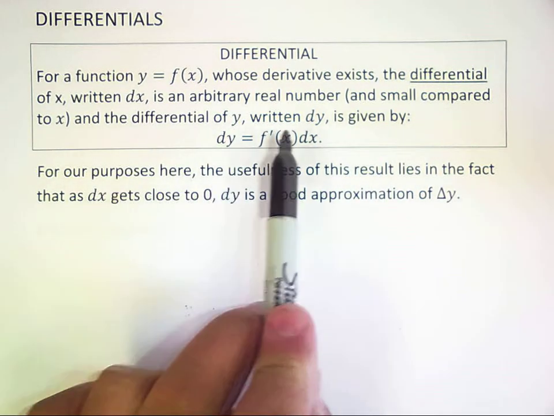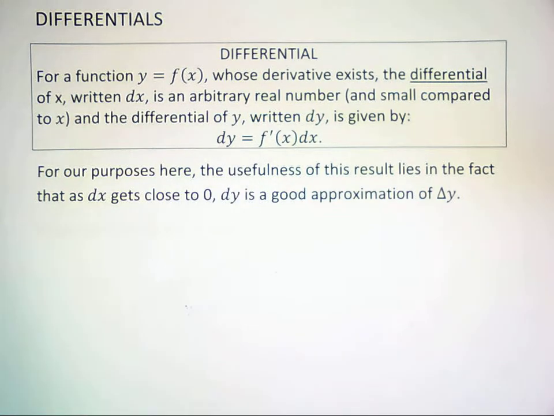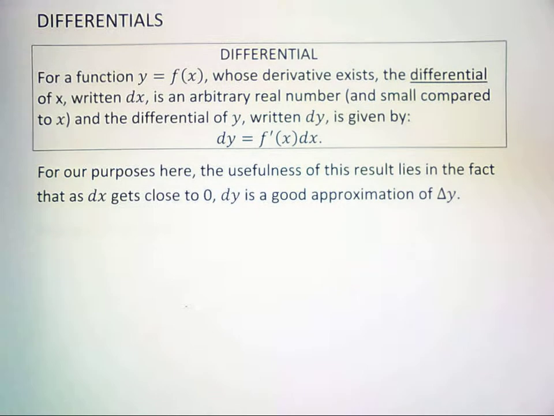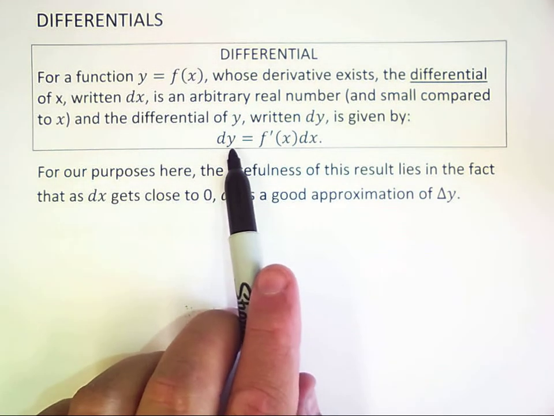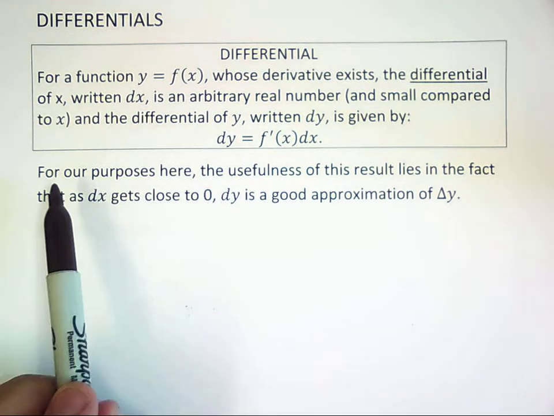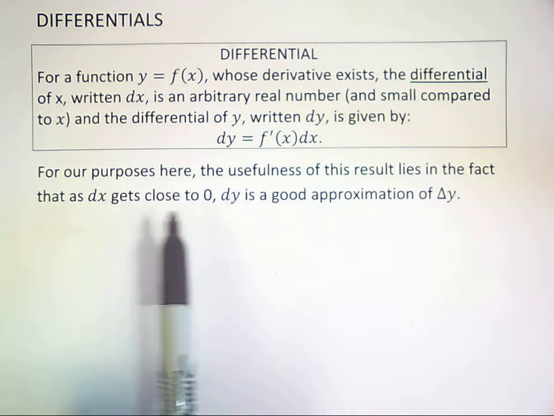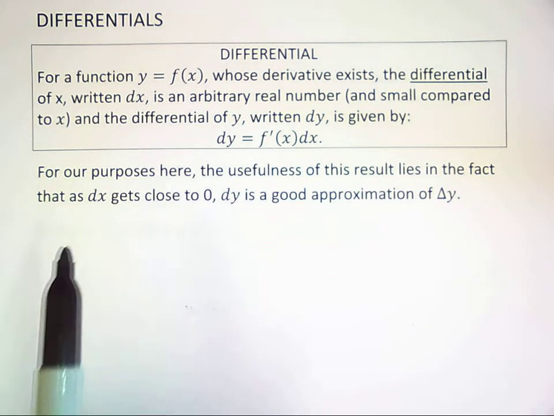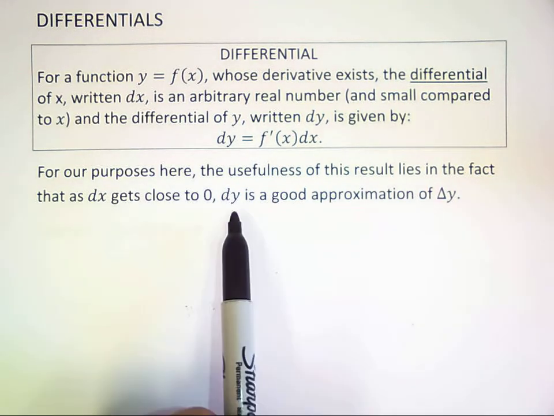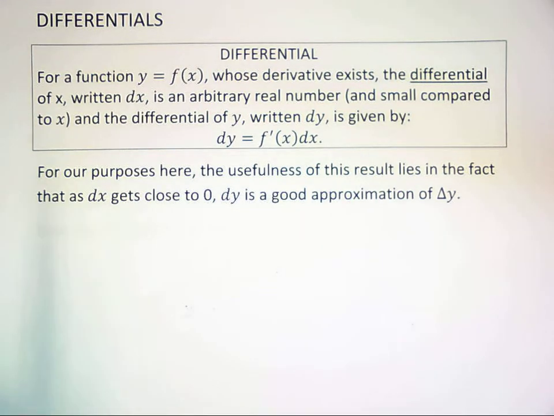And the differential of y, written dy, is given by the same equation I generated over here, namely dy is equal to f prime of x dx. And again, to emphasize, the usefulness of this result lies in the fact that as dx gets close to 0, in other words, as P and Q move closer to each other, dy is a good approximation of delta y.